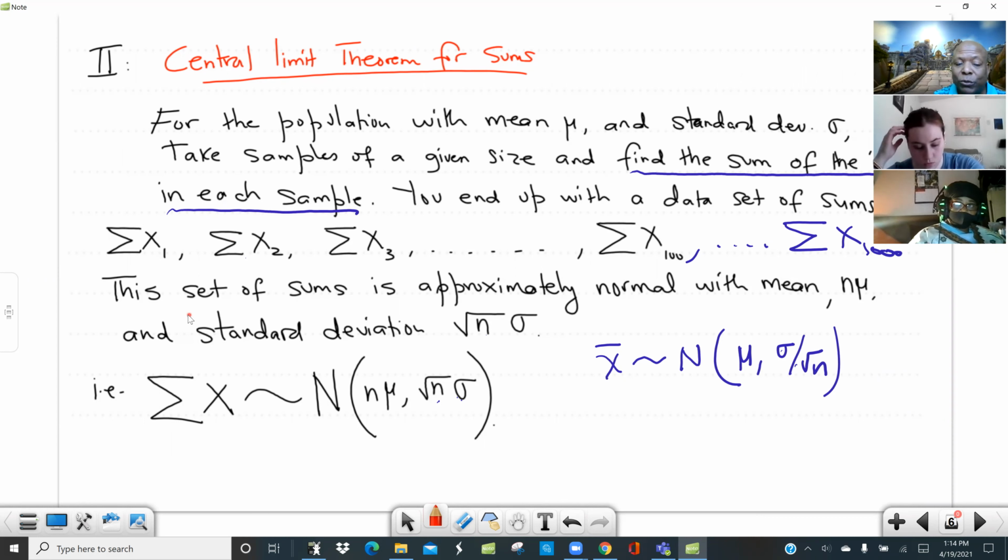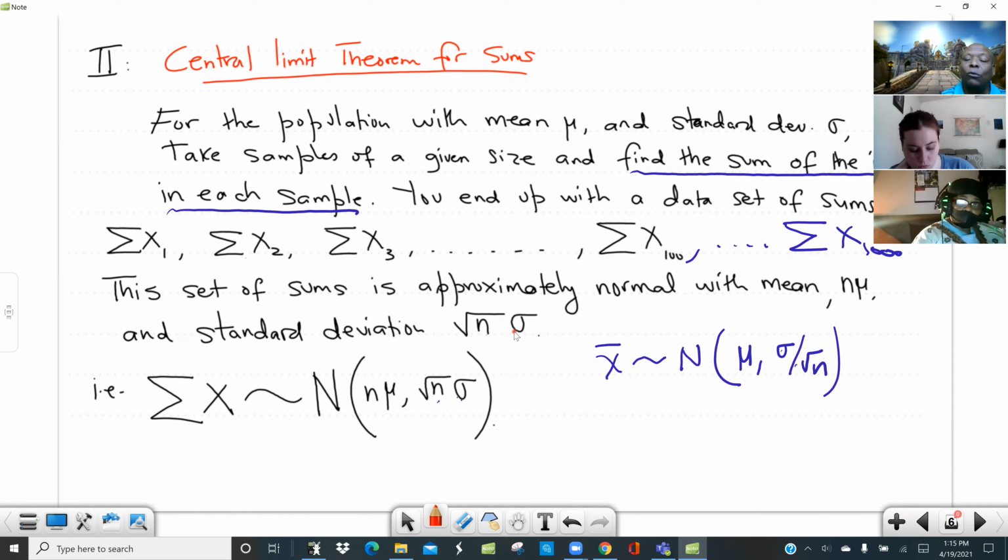And it turns out also that this set of sums becomes approximately normally distributed. And the mean this time is n times mu. You multiply the sample size by the population mean, whereas the standard deviation is obtained by multiplying the square root of the sample size by the population standard deviation.